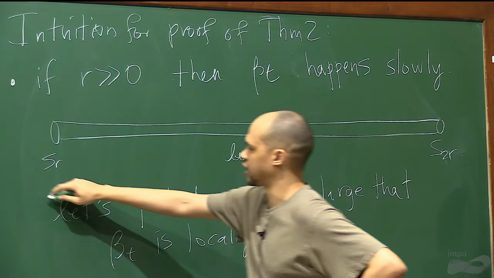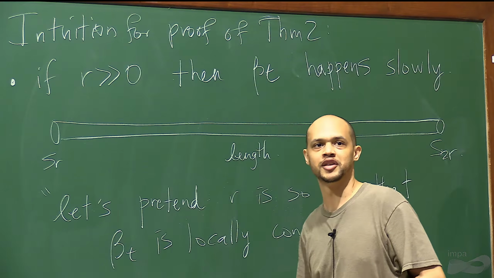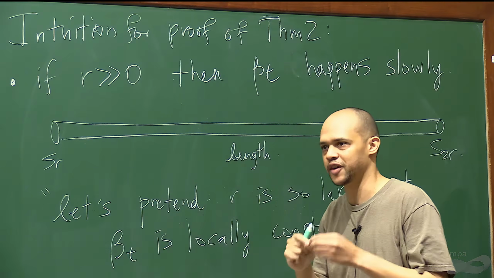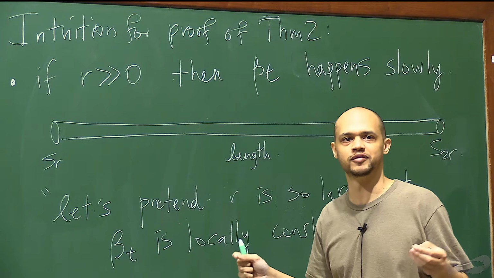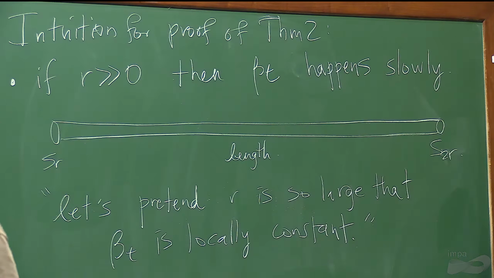It almost hurts me to write it because it doesn't make any sense. But just imagine R is gigantic, and then for very small t, beta is not changing at all. So let's just say it's constant. Okay, and now we can do a computation.